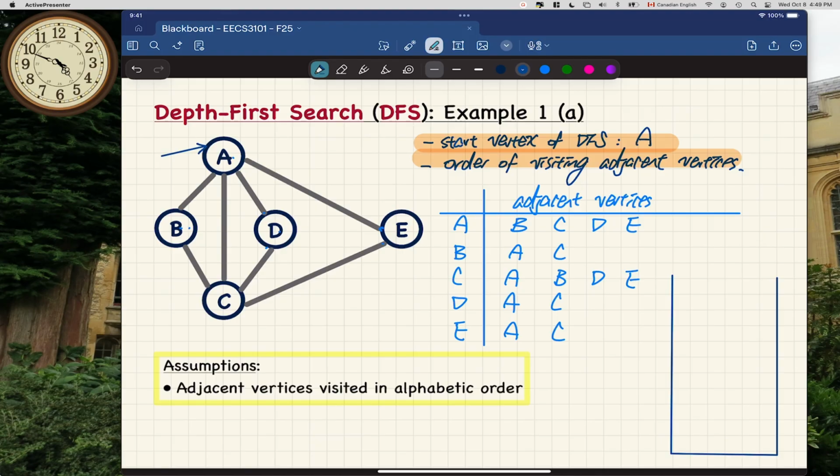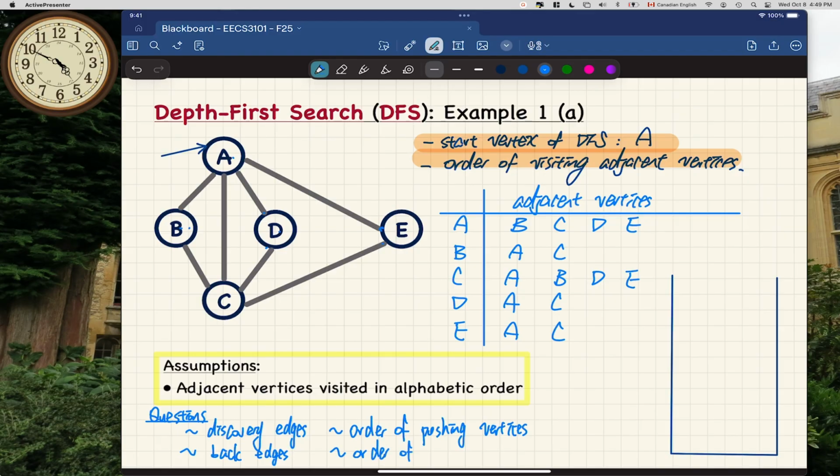So questions could be, just as examples: give me all the discovery edges; give me all the back edges; the order of pushing vertices; and symmetrically, the order of popping off the vertices. These are just 4 example questions I can ask.